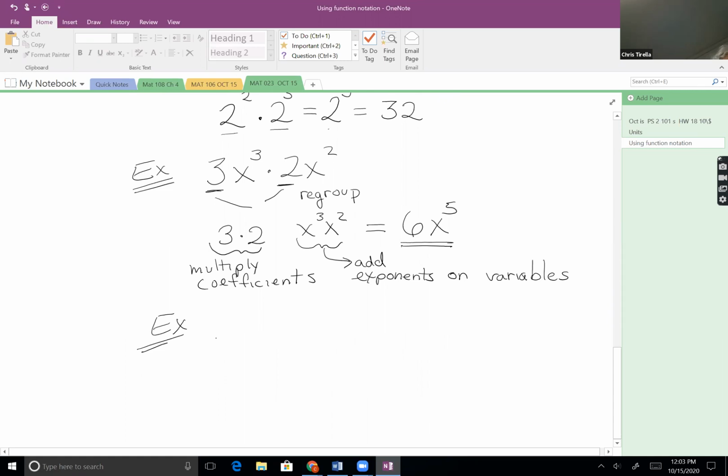So one more. If I have, let's say, negative 4x to the second times, let's say, 5x to the 7th. After I rearrange and take the product, what would my final result be?